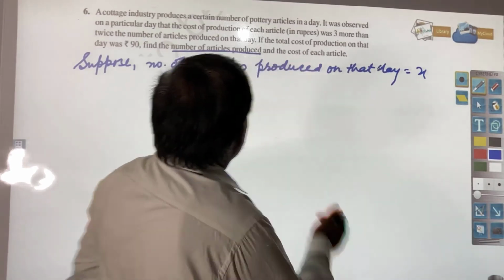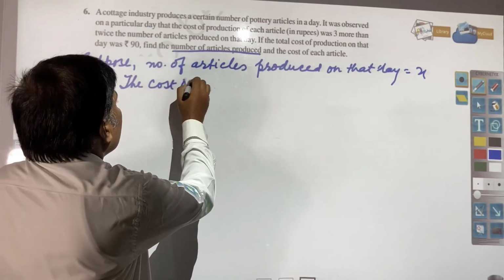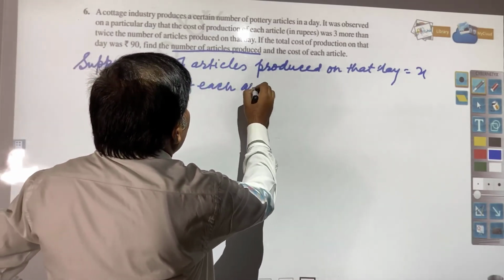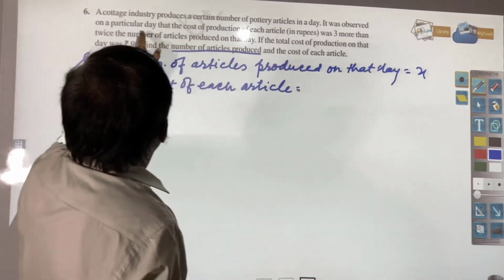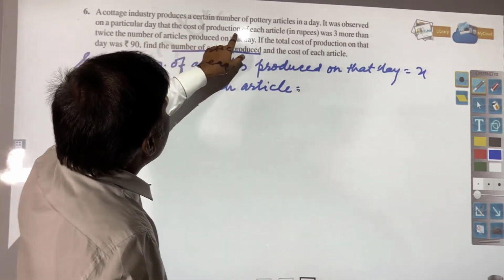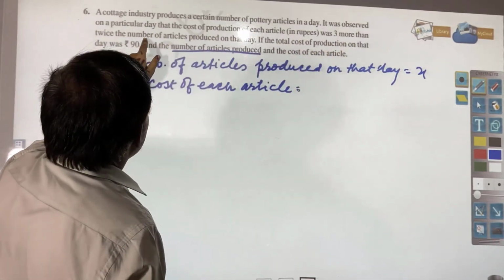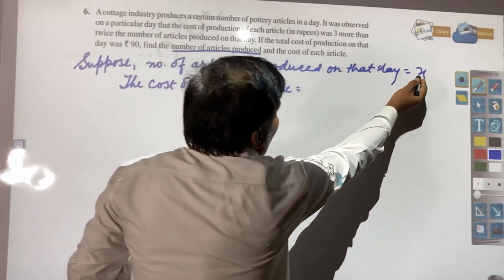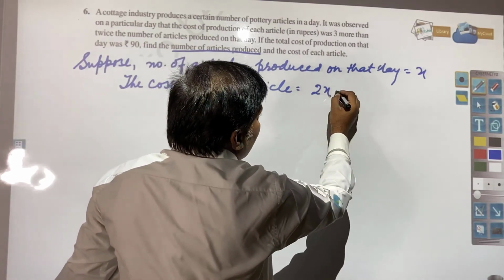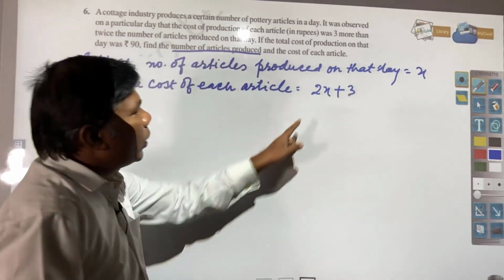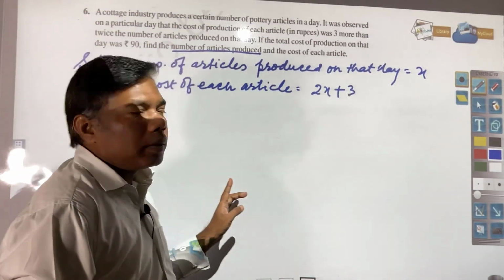The cost of each article will be what? Here you see, on a particular day the cost of production of each article was 3 more than twice the number of articles produced. Twice the number of articles produced and 3 more than that, it means 2x plus 3.